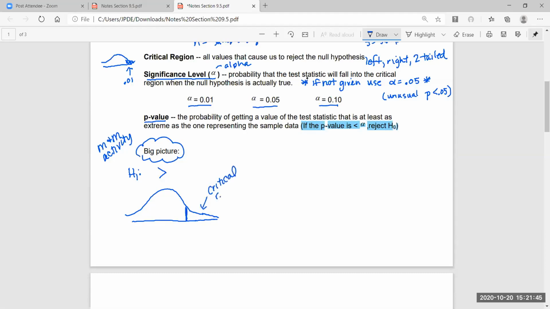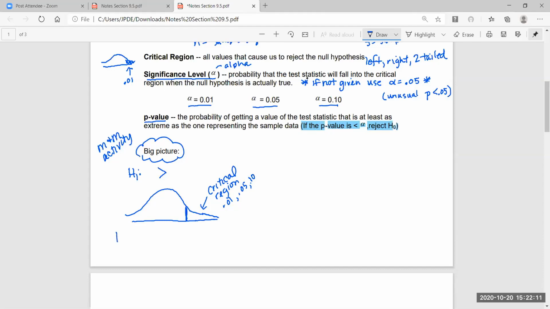And depending on my significance level, how great does it have to be? How much higher does it have to be? Does it have to be in the top 1% or the top 5% or the top 10%? That will be determined by your alpha, by your level of significance.